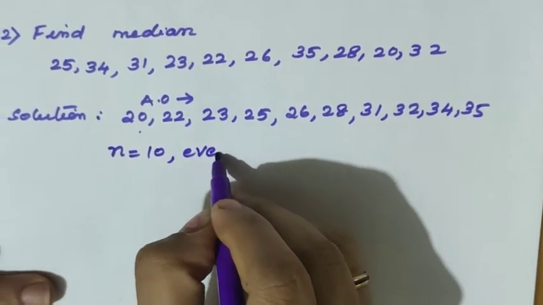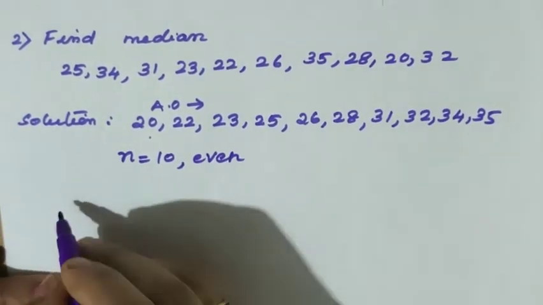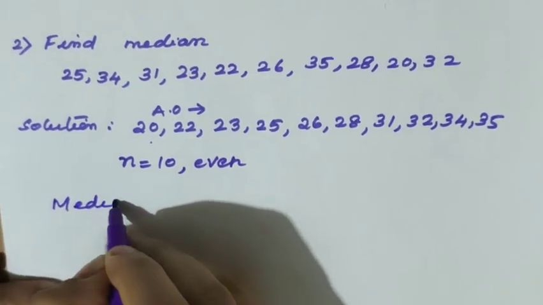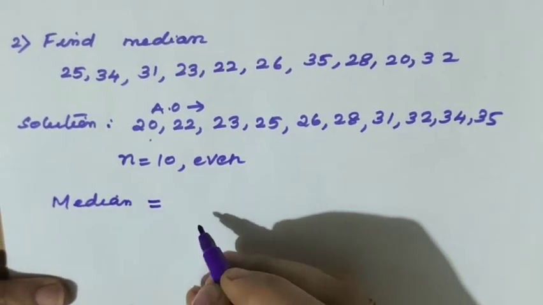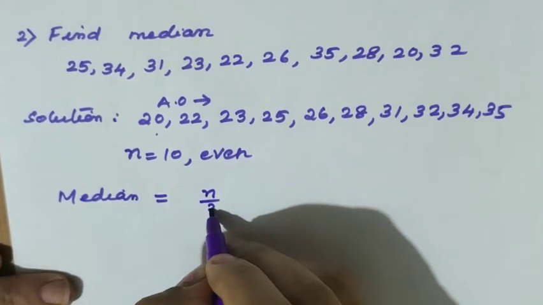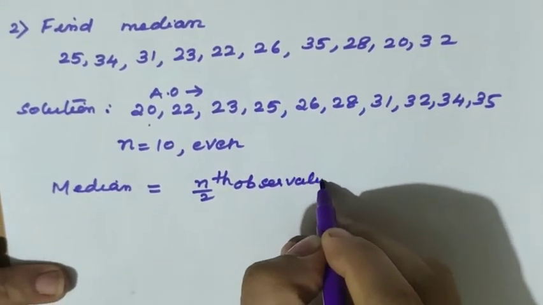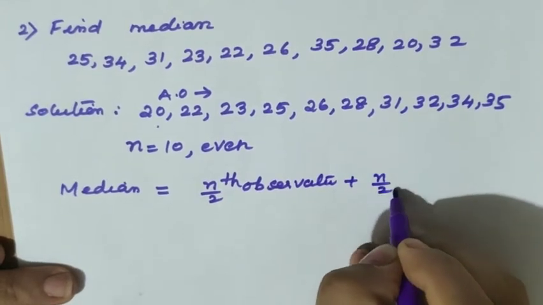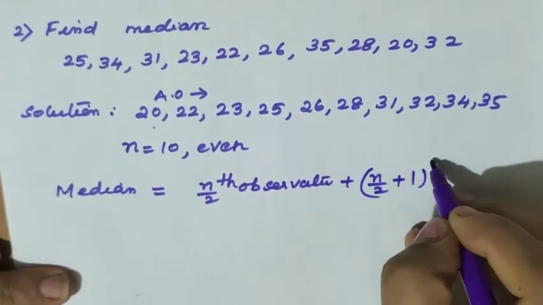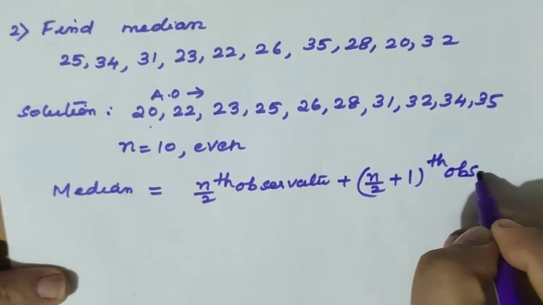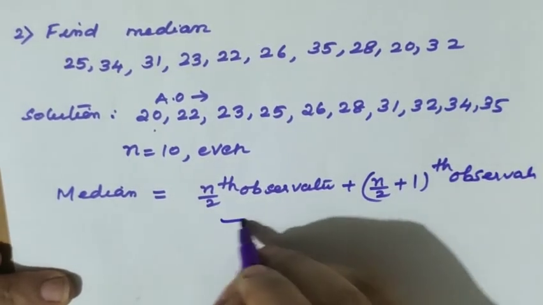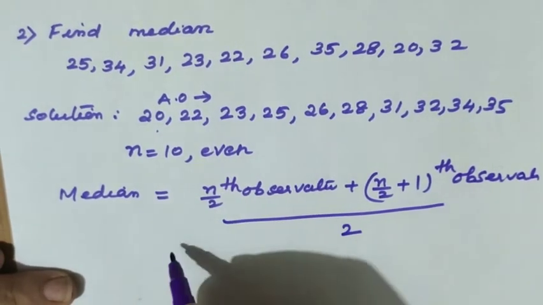Which type of number? Even. If it is an even number, then median equals the n by 2th observation plus the (n by 2 plus 1)th observation, divided by 2. What is the value of n? 10.